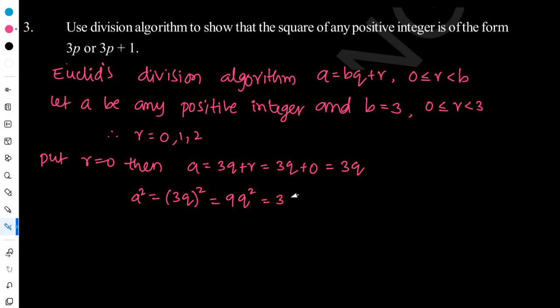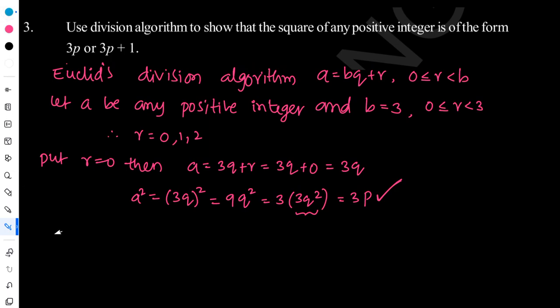It can be written as 3 into 3q square. Now consider this 3q square as p. So now what is the question? The square of any number must be in the form of 3p. See, the square of this number is 3p. So this is proved.